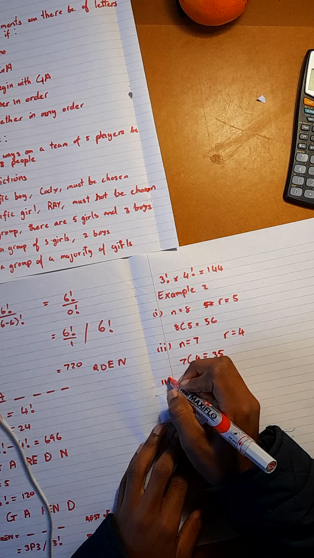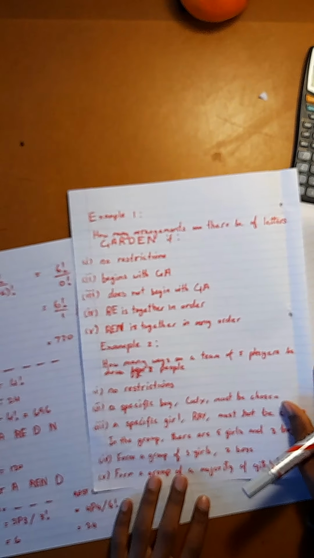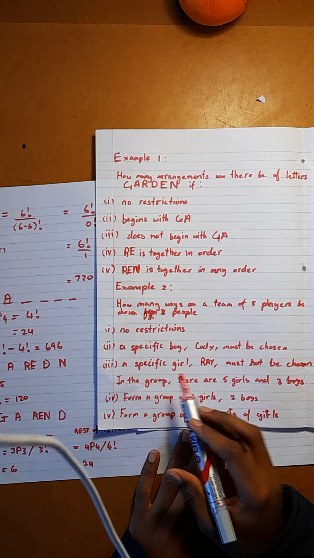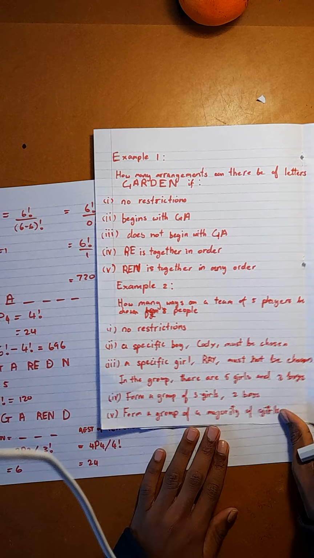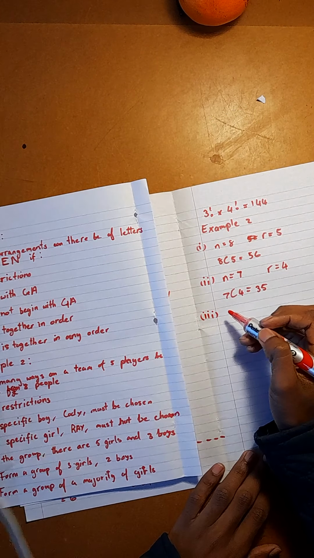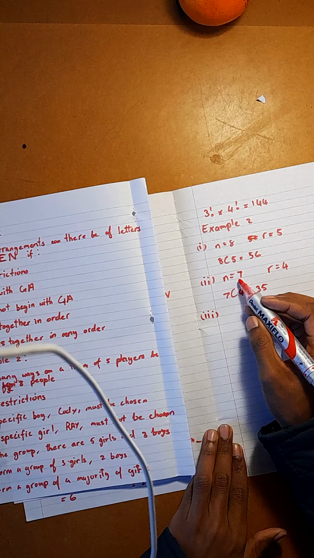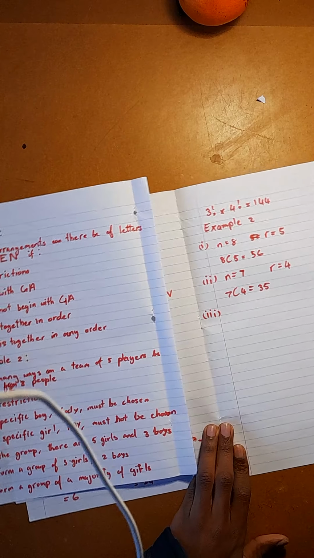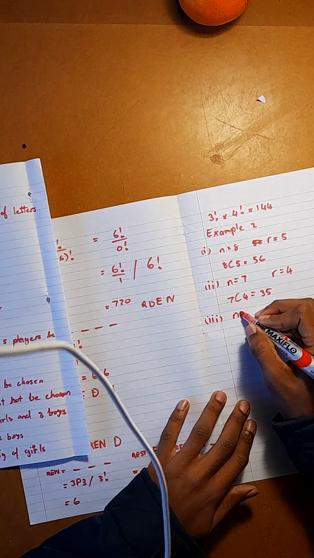Now part 3. We have a specific girl, Ray, who must not be chosen. Again, we account for our condition. If we remove the girl Ray, we're removing one person from our set, so our n is going to be 7.